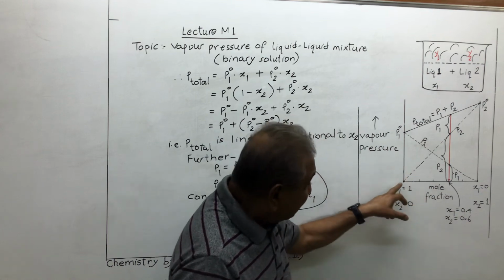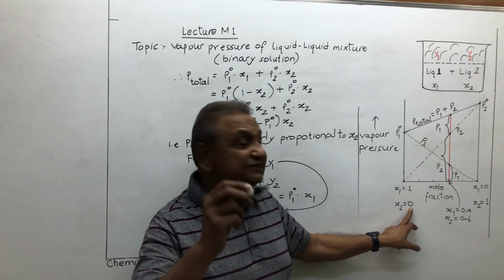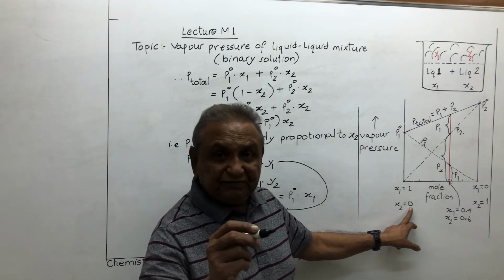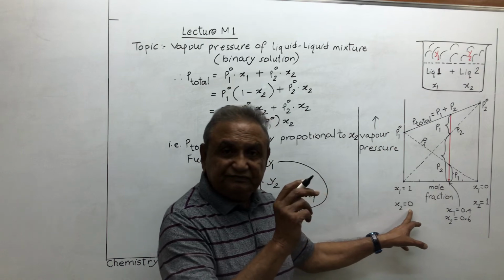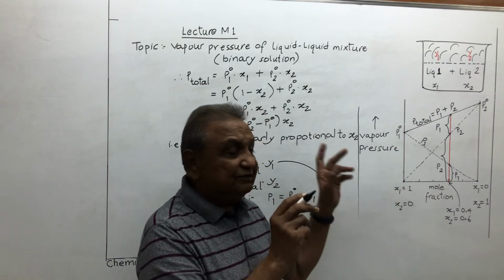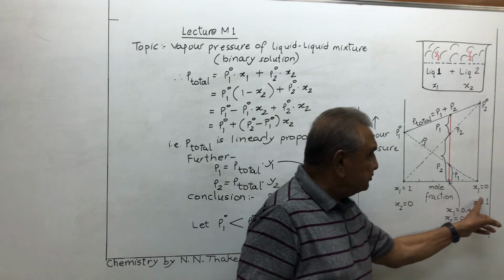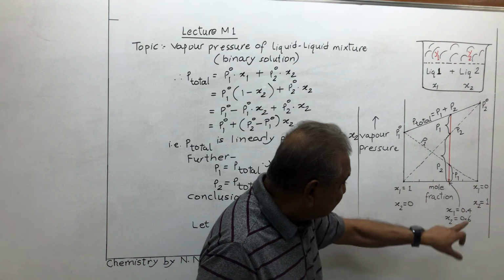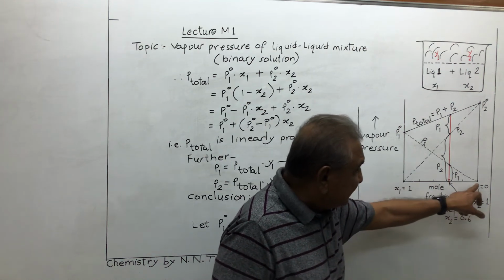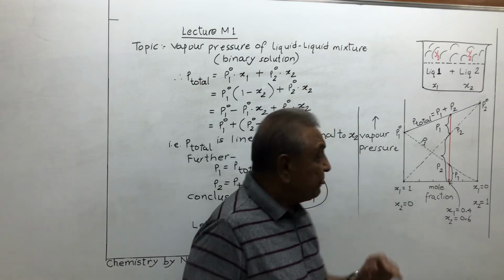Now here, at this point, mole fraction of second liquid component is 0 because it is absent. Now, its mole fraction goes on increasing left to right. Here it becomes, at this point, 0.6, and at this point it is 1.